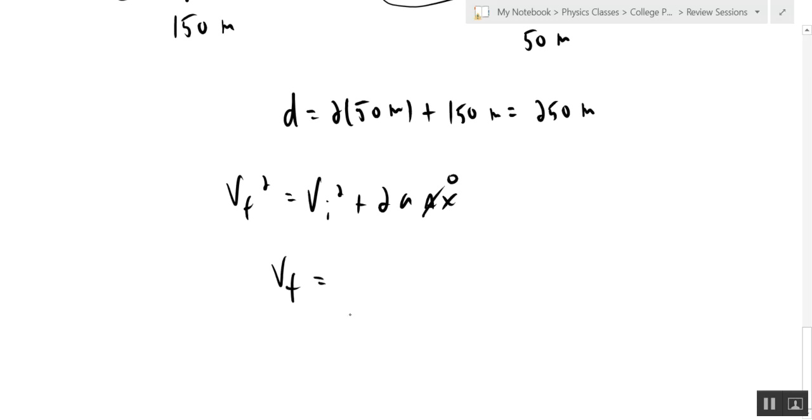VF is 0, the velocity? No. So you have VF squared is equal to VI squared plus 2A. Oh, no, it goes away. You have VF squared is equal to VI squared. So what is VF? VF equals VI. 20 meters per second. Almost.